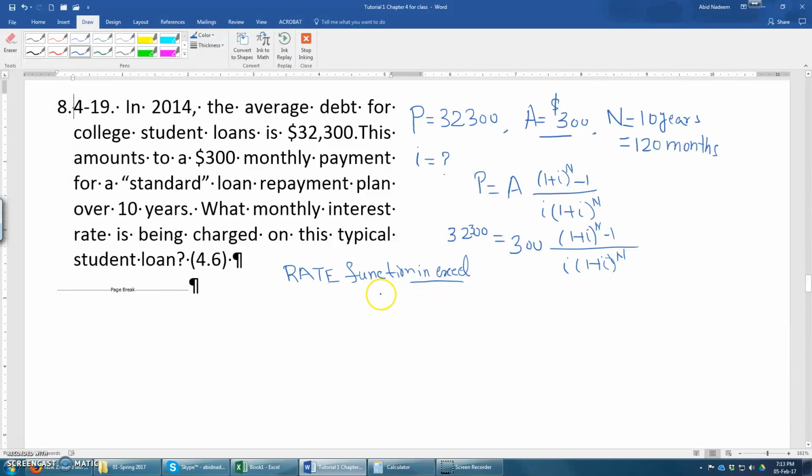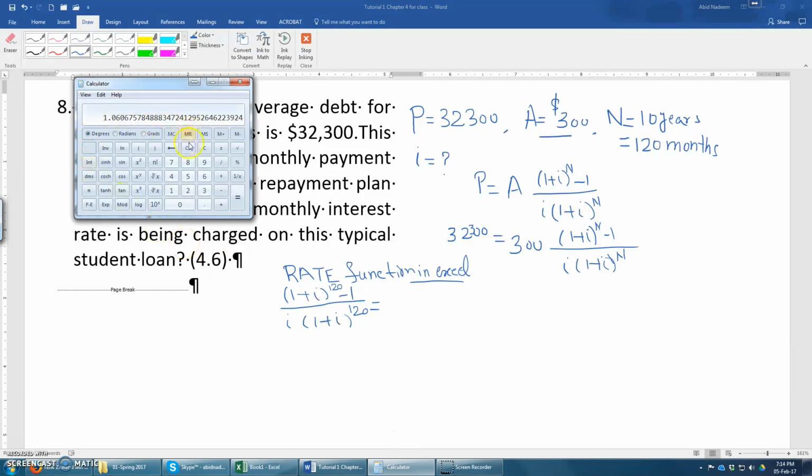First of all you need to simplify this equation, so you will have (1 plus i) power 120 minus 1, over i into (1 plus i) power 120, and that will be equal to 32,300 divided by 300.